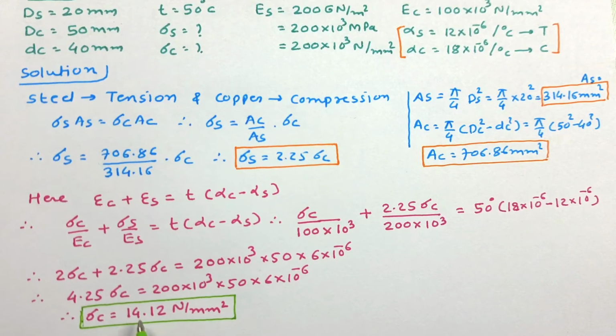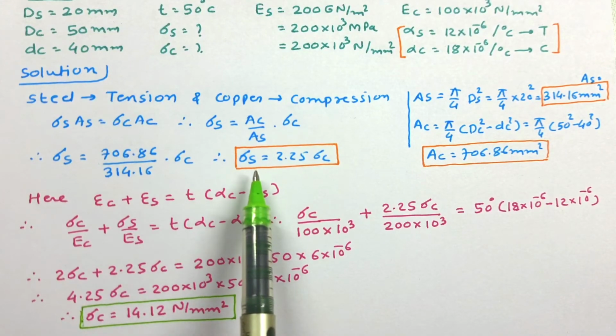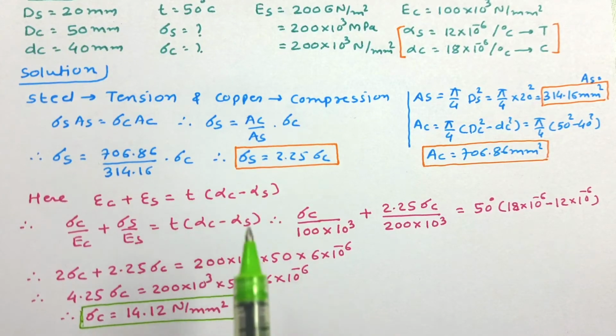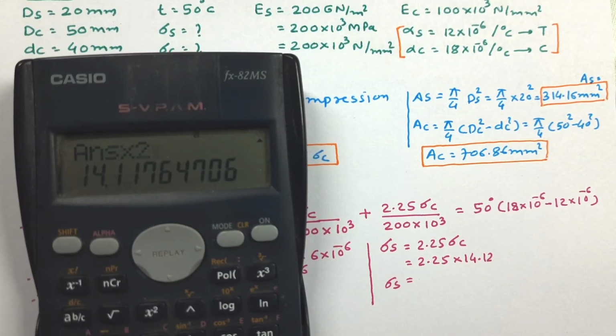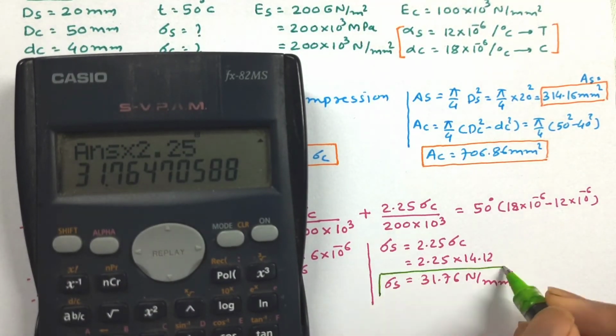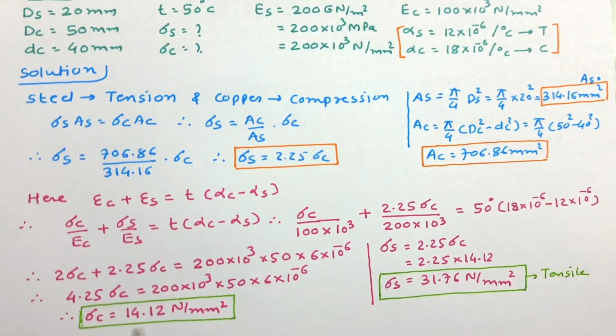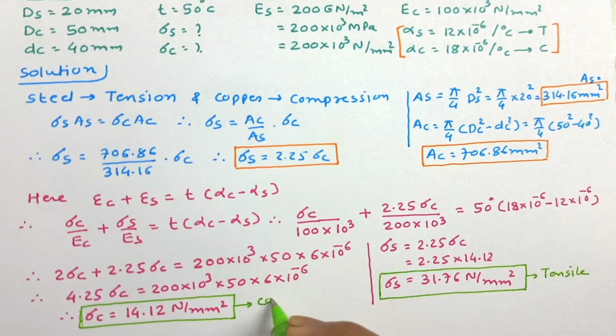Now we will substitute this value in this equation to get sigma S. So sigma C is substituted in this equation and we have got the value of sigma S, that is 31.76 Newton per mm square, which is tensile in nature, and sigma C, that is 14.12, is compressive in nature.